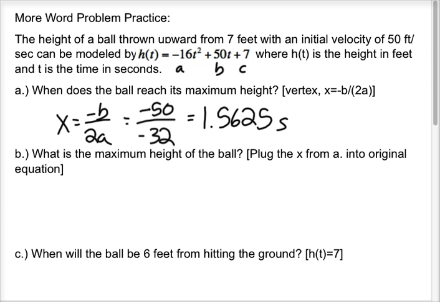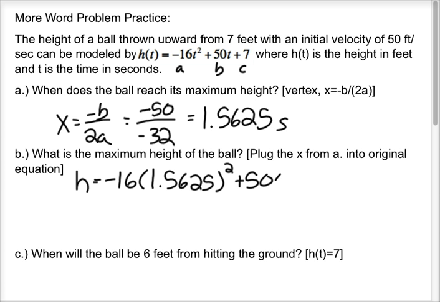Now to find where that maximum height is, what is the actual maximum height? Again, all you're doing is you're plugging in that value you just found back into the original equation. So I'm going to break it down into pieces.